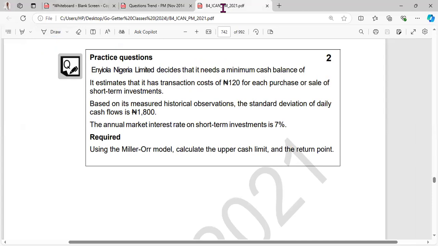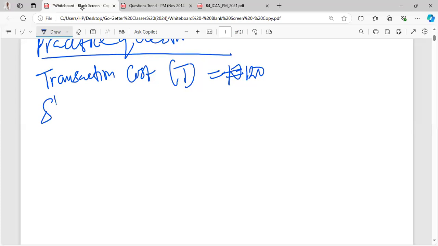Based on measured historical observation, the standard deviation of daily cash flows, I'll call it SD.